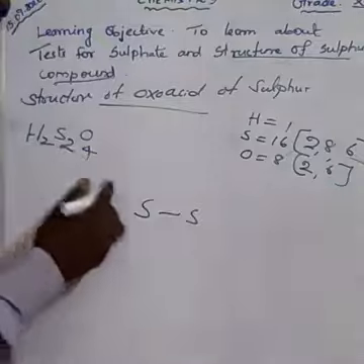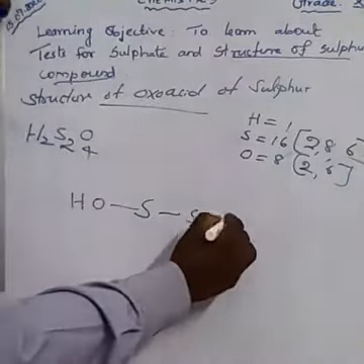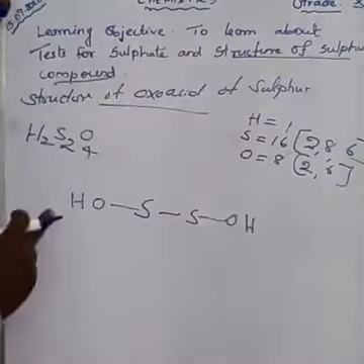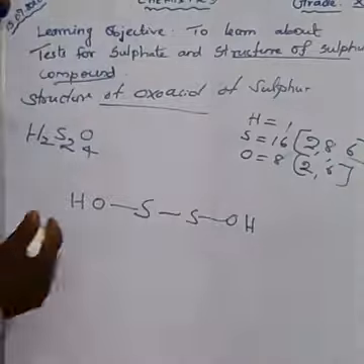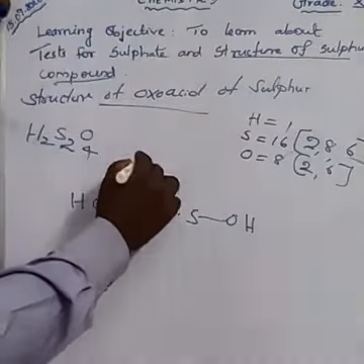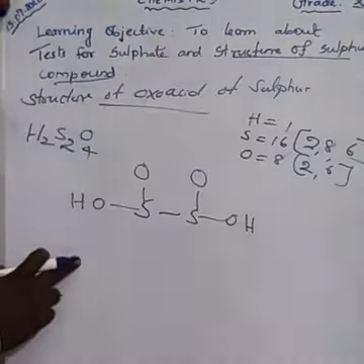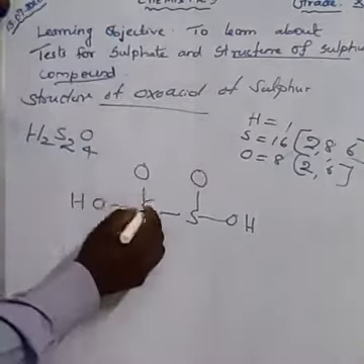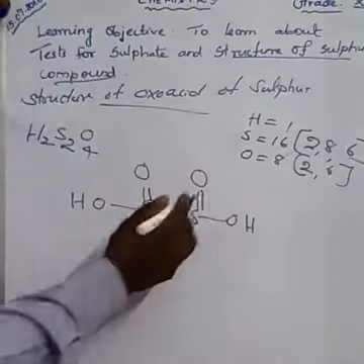Next, oxygen, hydrogen, oxygen, hydrogen. That means 2 hydrogen is over, 2 oxygen is over. What's remaining? 2 more oxygen. Then these oxygens are occupied singly, so make it a double bond.